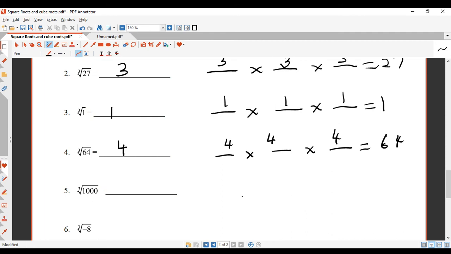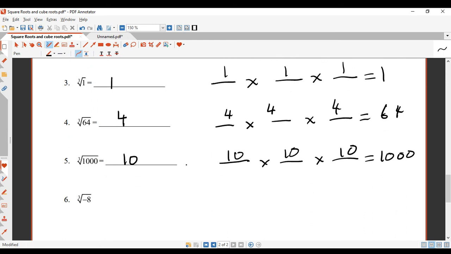Now, what about the cube root of 1,000? Well, you need a number which multiplied by itself 3 times is 1,000. Now, just through trial and error, you can work out that 10 times 10 times 10 is equal to 1,000, so the cube root of 1,000 is 10.